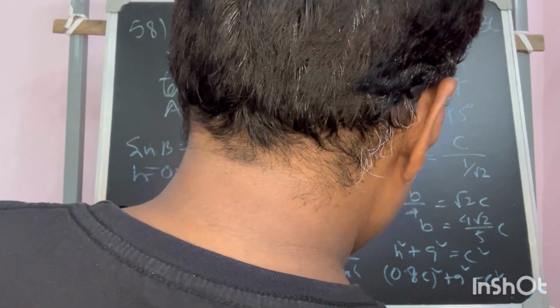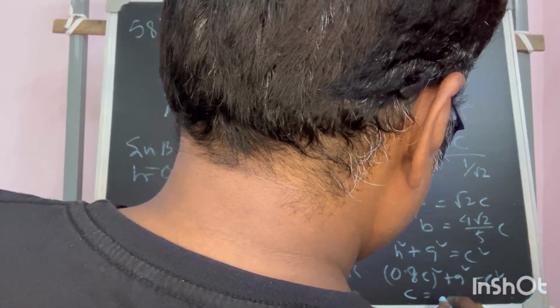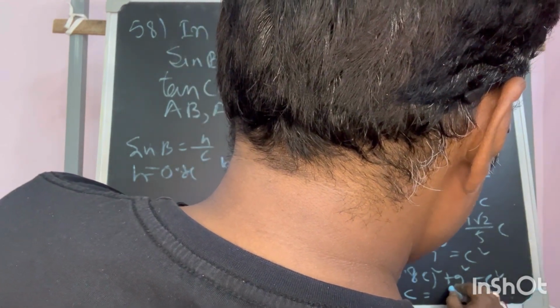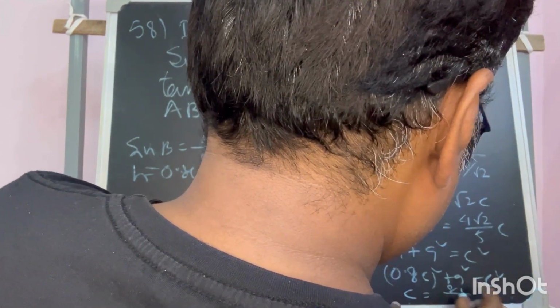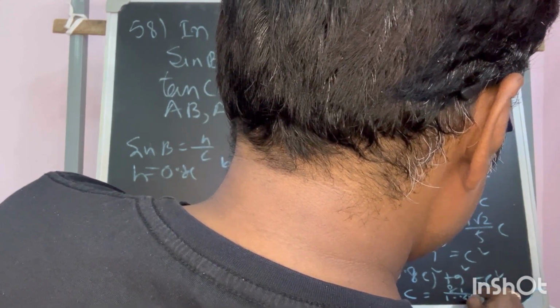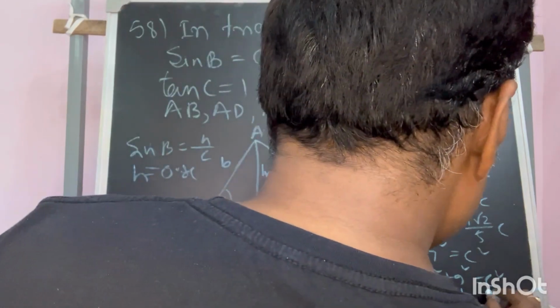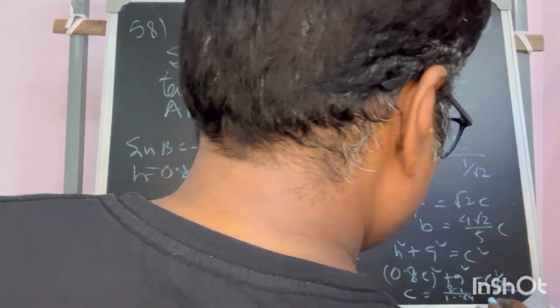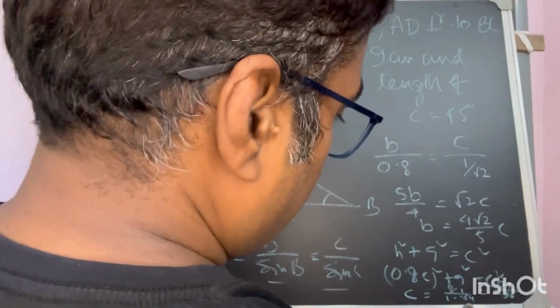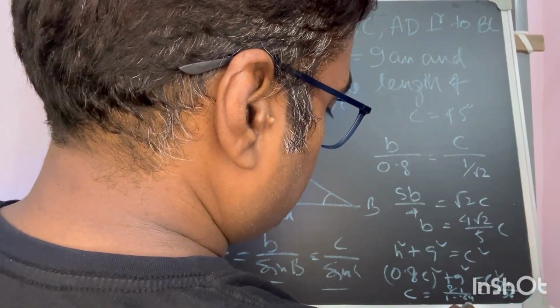So C square minus 0.64 C square is 81, so C square is 81 divided by 1 minus 0.64, that is 81 divided by 0.36.